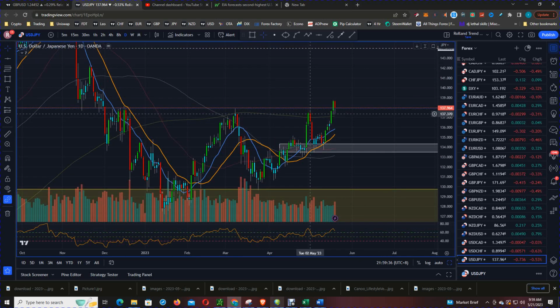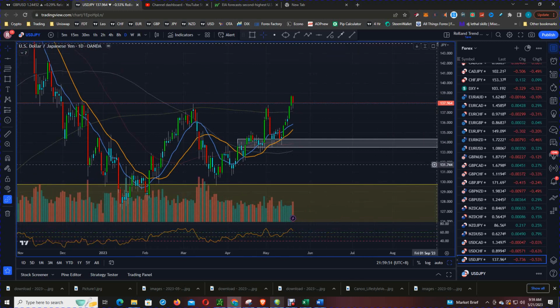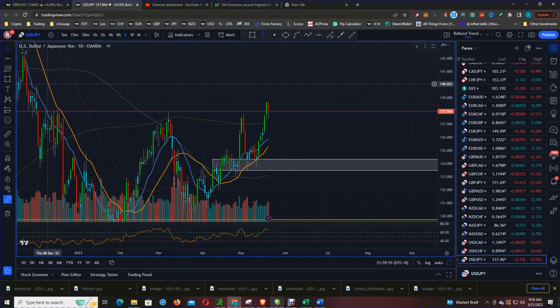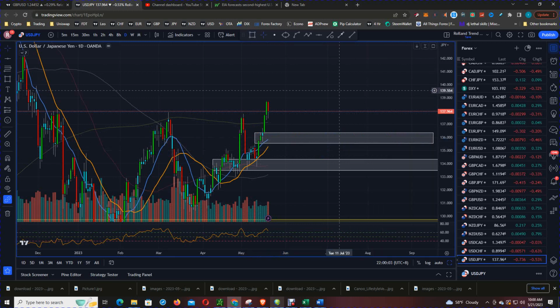And we did get a close above the most recent pivot highs. We got a close above the 200-day moving average. All right, so here's the level in play now.